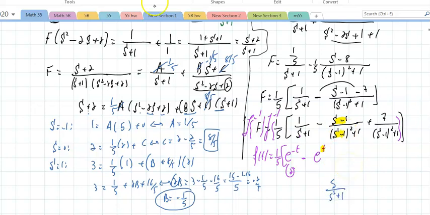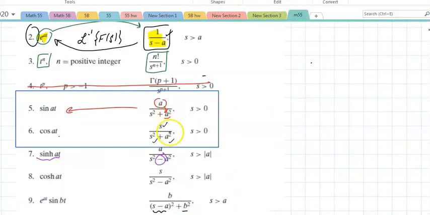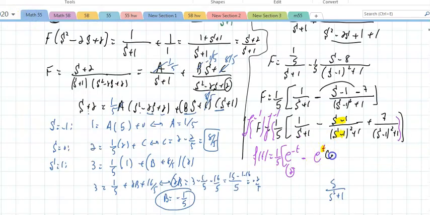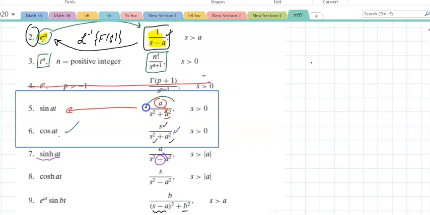S over s squared plus 1 matches a cosine, number 6, matches a cosine of 1t, and that is by 2, the shift. Plus 7 times, and here, isn't that also e to the t? That takes care of the shift, and that makes this a 1 over s squared plus 1. 1 over s squared plus 1 matches a sine, number 5.